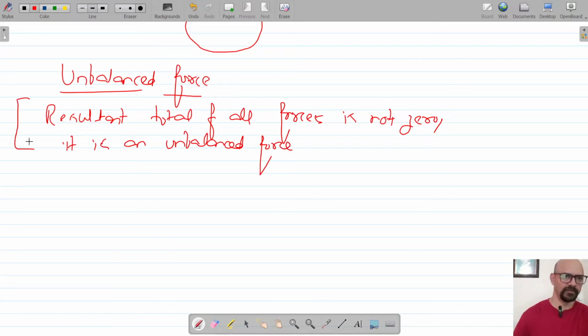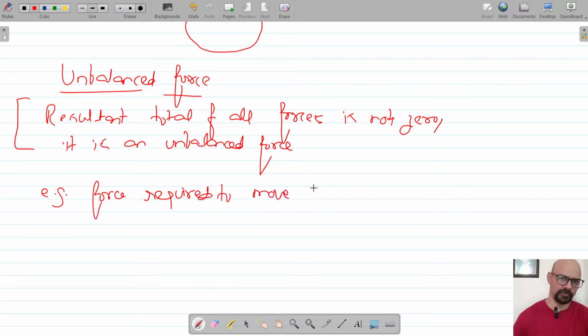So this is the definition of the unbalanced force. Now, what could be an example of the unbalanced force? The first one is the force required to move a stationary object. Why is it an unbalanced force?